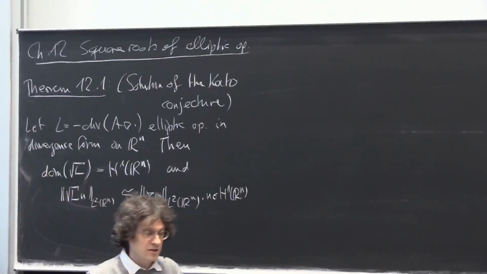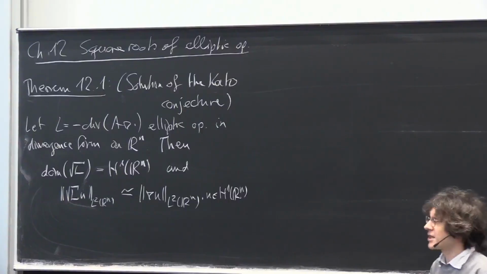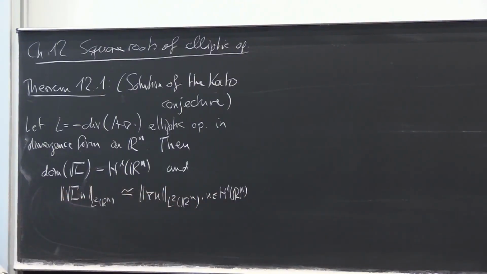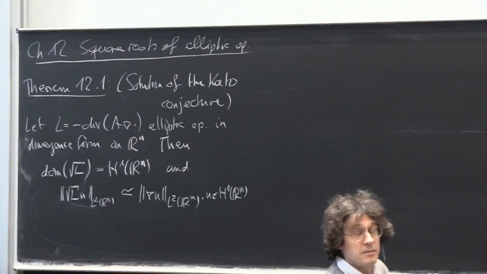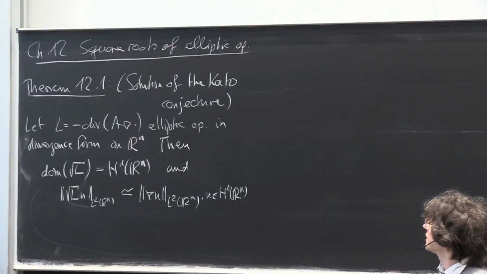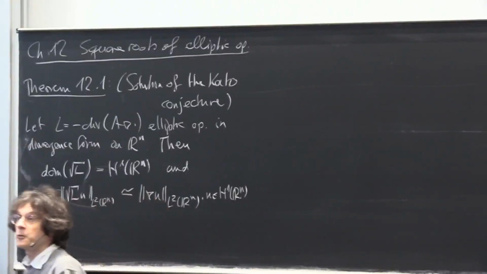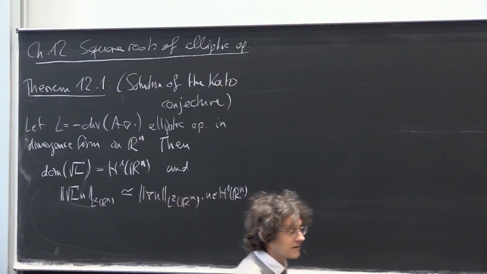Okay, so this is the Kato conjecture, the Kato property of divergence form operators, which, as we already saw in earlier lectures, has a very long history going back to the 60s of last century. It was solved in this version on Rn in the fundamental work of Auscher, Hofmann, Lacey, McIntosh, and Tchamitchian in 2002.